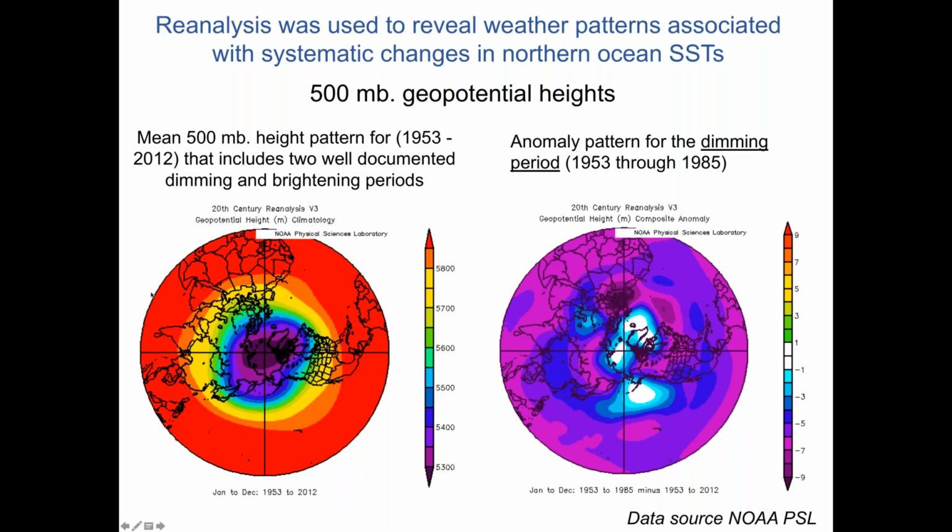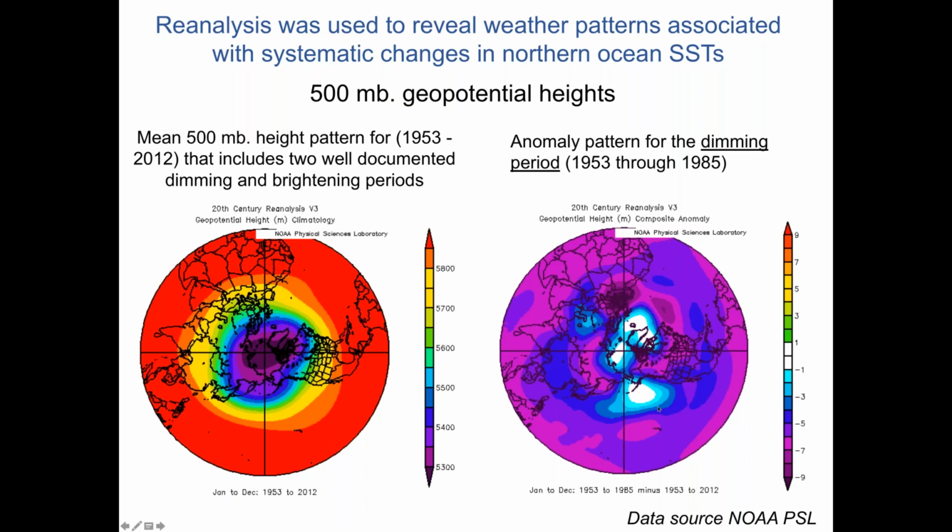So the average 500 millibar pattern looks like this, which is predictable: low heights over the cold areas and high heights over the warmer equatorial areas. However, when you take the anomaly pattern for the dimming period, this breaks up into a three-wave standing Rossby wave.